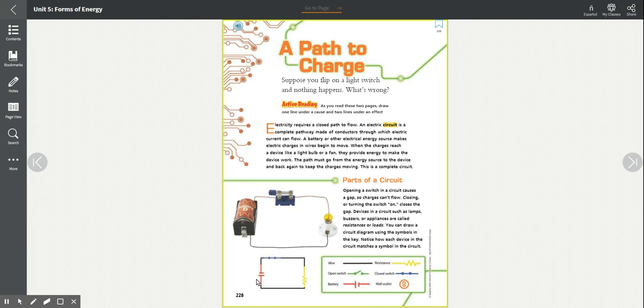Notice this one does not have an open switch. However, a closed switch is closed, and there is a closed switch here. The battery, and a wall outlet we don't have in this one. These are pretty much universal signs or symbols, as far as I know according to my research on the internet anyway.